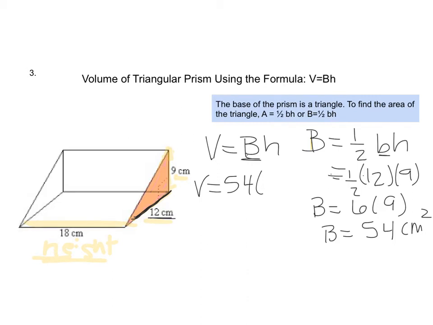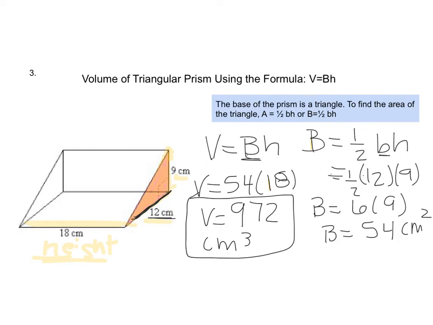Okay. So we'll multiply 54 times 18. 54 times 18 is 972, and that is the volume, and that's cubic centimeters.